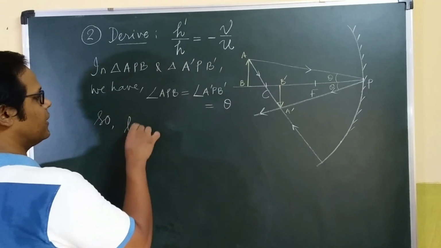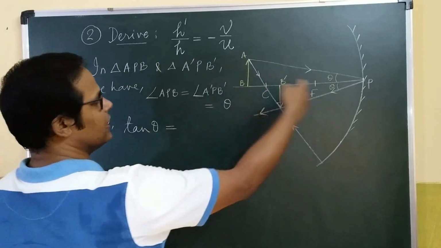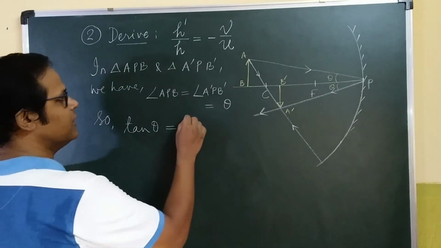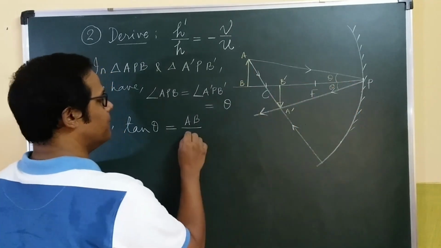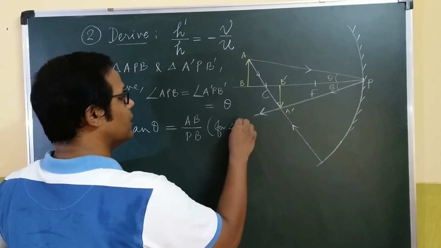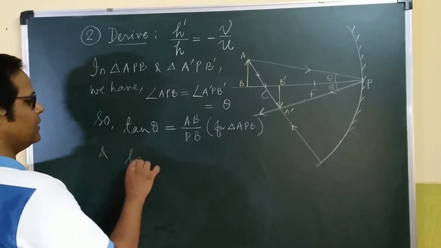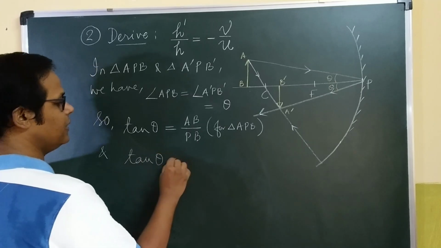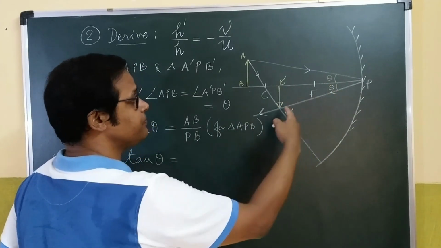So, writing the tan theta in each case, for the first triangle APB, I will get AB, that is perpendicular, by the base, that is PB, for triangle APB. And similarly, the other tan theta which I could have written was for the smaller triangle, as you can clearly observe.